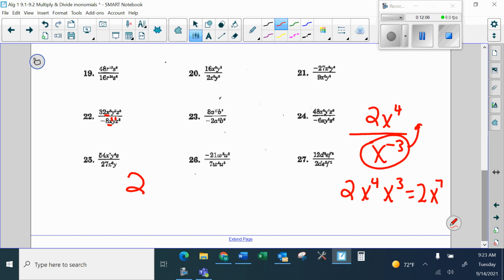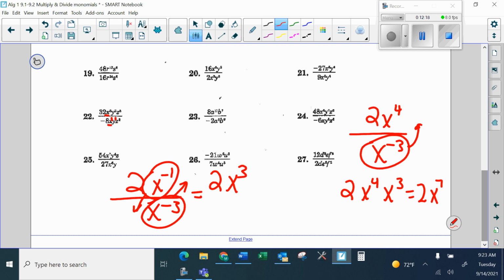Or if you started with 2x to the negative 1 over x to the negative 3, to make this one positive, it goes down. To make this one positive, it goes up. And I'd have 2x cubed over x to the 1st. For a lot of people, it's much easier to subtract whole numbers, because that's from elementary school, 2nd grade on.